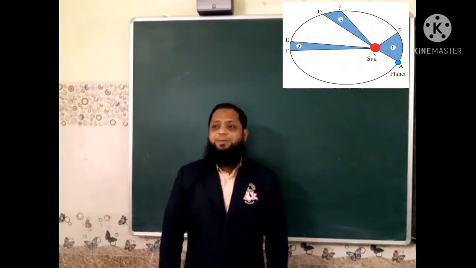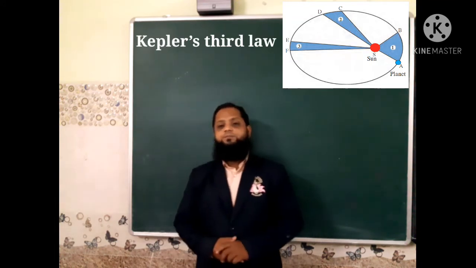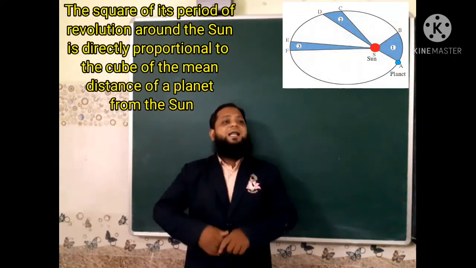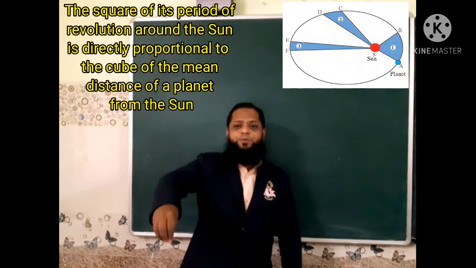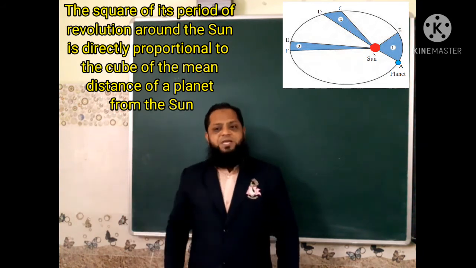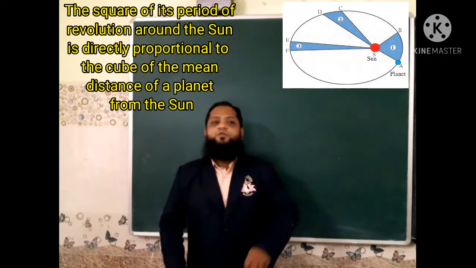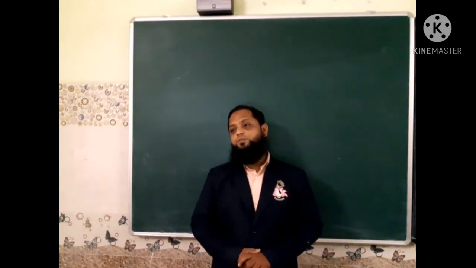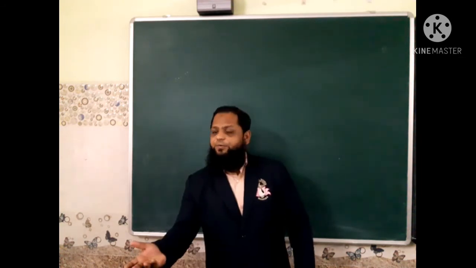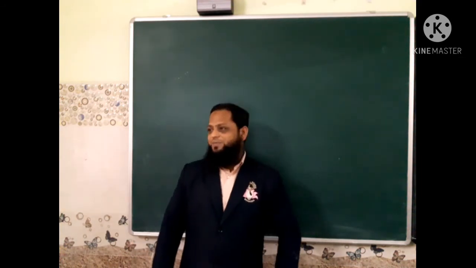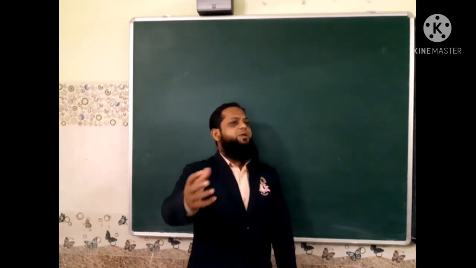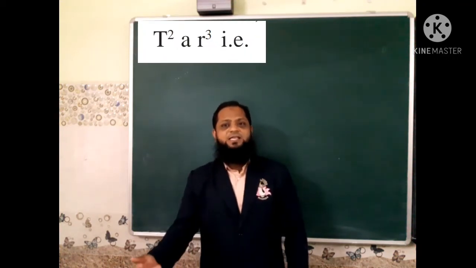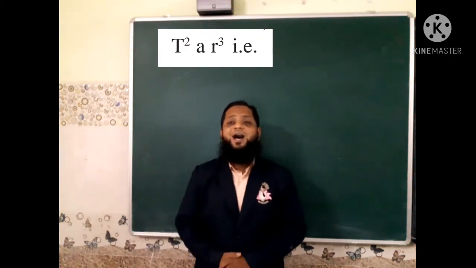Let's see Kepler's third law. The square of the period of revolution of a planet around the sun is directly proportional to the cube of the mean distance of the planet from the sun. If r is the average distance of the planet from the sun and T is its period of revolution, then T squared is directly proportional to r cubed.